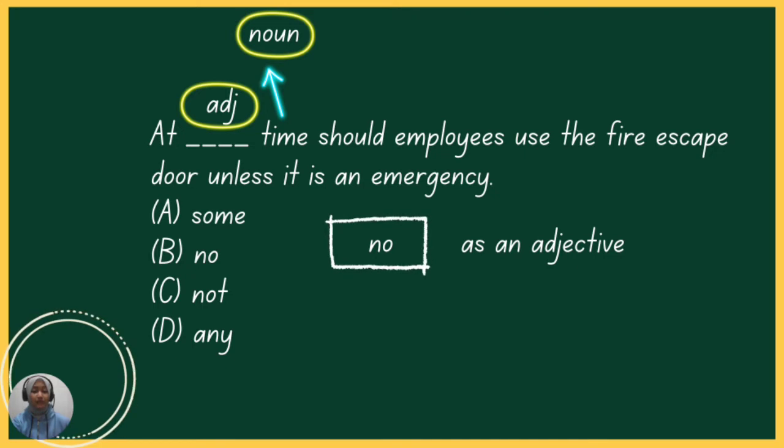Yang kita butuhkan untuk menjelaskan noun adalah adjective. A, B, C, D, the appropriate form of adjective, seperti yang telah disebutkan tadi sebelumnya, yaitu no, functions as an adjective. At no time should employees use the fire escape door unless it is an emergency.